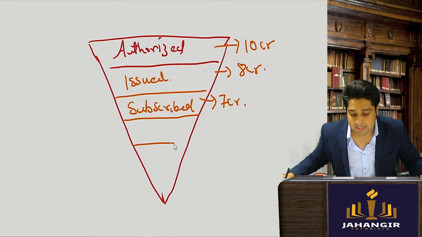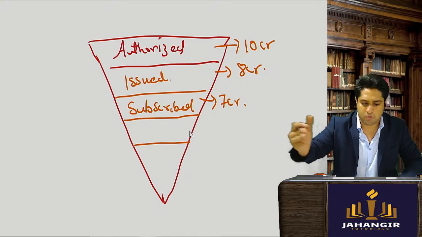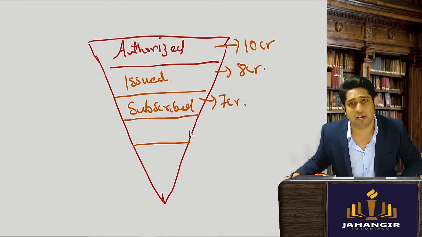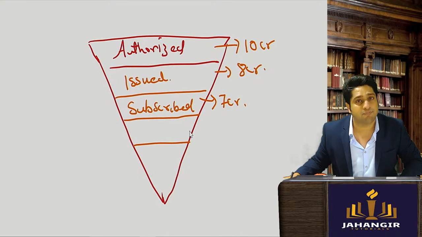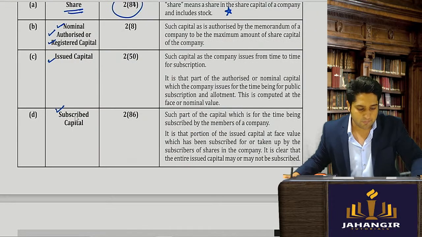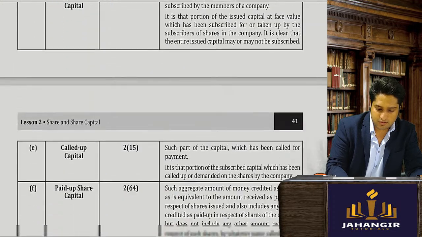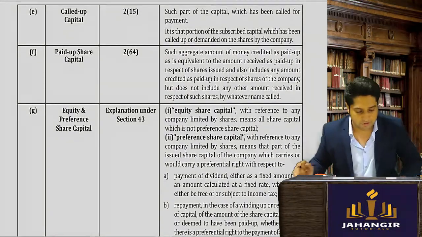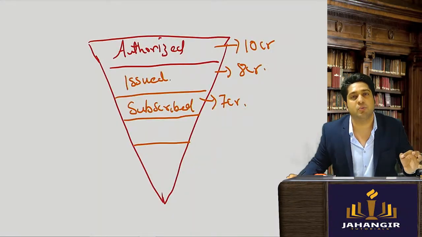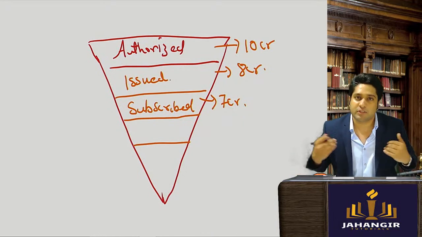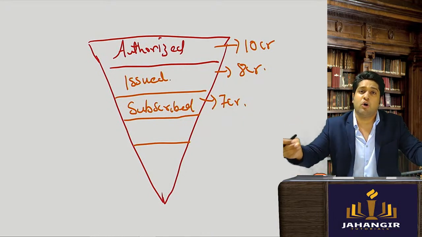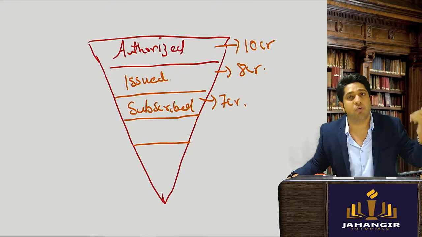Now when they subscribe, there might be people who have come forward and subscribed to 7 crores worth of shares. Now further, when the shareholders have subscribed to 7 crores, do you think the company will call the entire amount in one go?